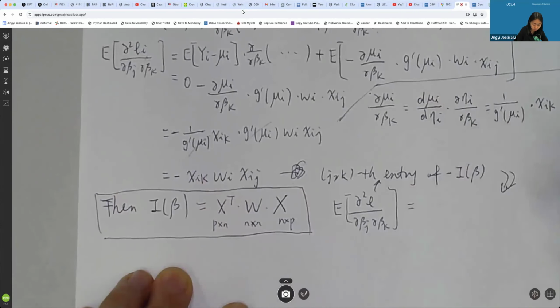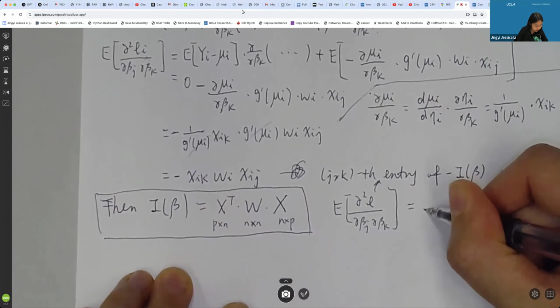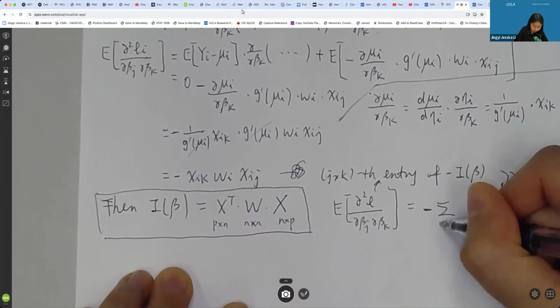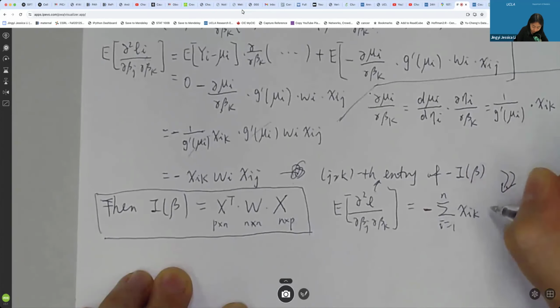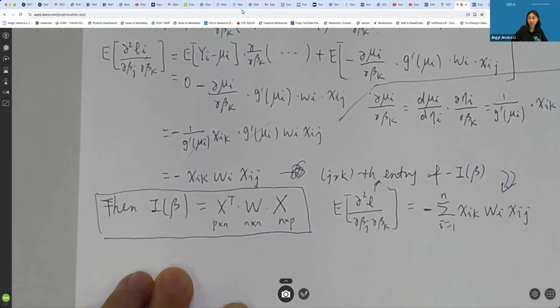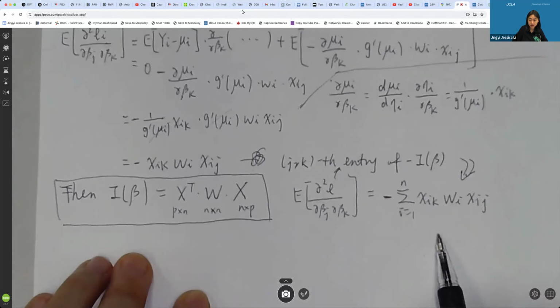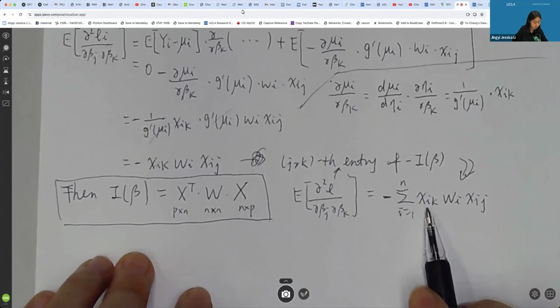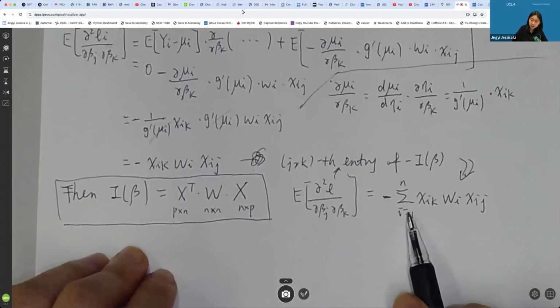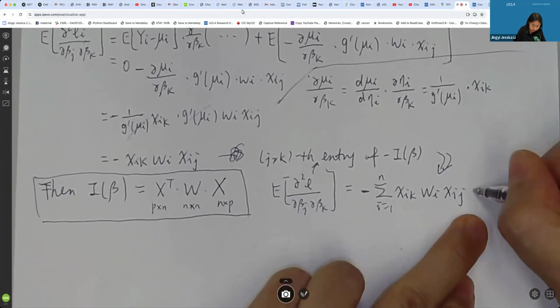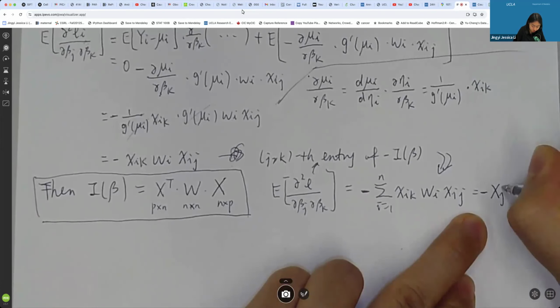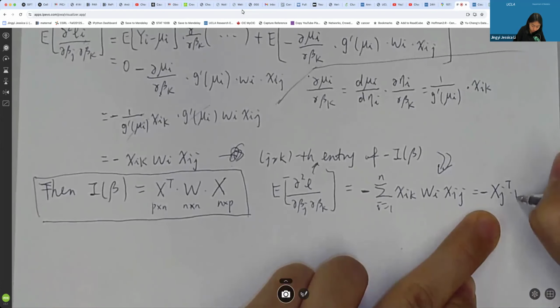So I need to sum it over, and this will give me sum i from 1 to n of x_ik w_i x_ij. So I will get this, and then I can tell you that because the sum can be interpreted as an inner product, I can write this as negative x_j transpose W x_k.